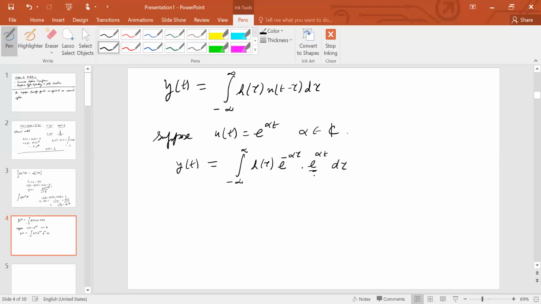Now clearly this term we can pull outside the integration, so we can write this as e to the power alpha t times the integration from minus infinity to infinity of h(tau) e to the power minus alpha tau d tau.